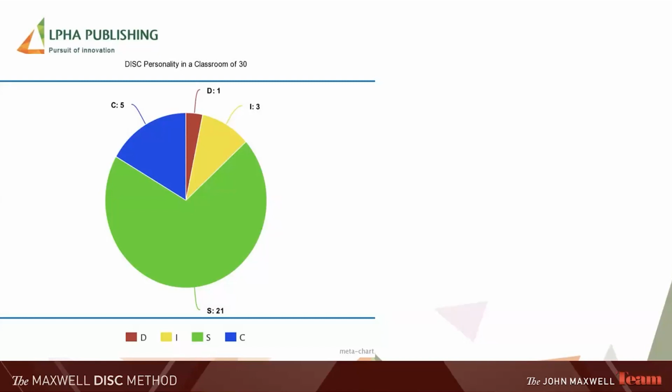You'll have about 3 I or influential students. You'll have about 5 correct, compliant students. And you would have approximately 21 steady students who are agreeable, who will listen, who will be helpful. That's what you would have.